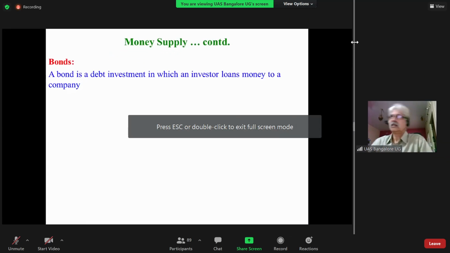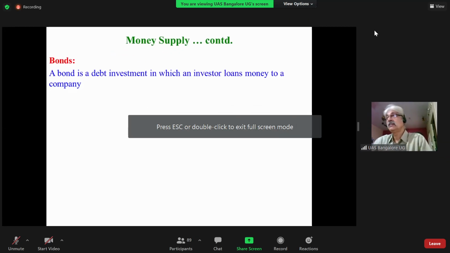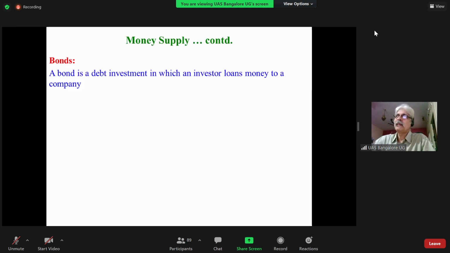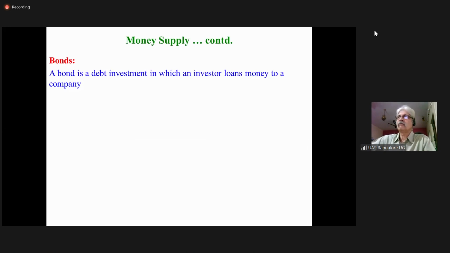Earlier, they used to give 10% interest if you keep the money in fixed deposit for 5 years, but today it has come down to 6% or so. So it is not attractive. Okay, the interest paid by the bank is not attractive, so you don't want to keep the money in a bank. Instead of that, you want to invest money in a company.